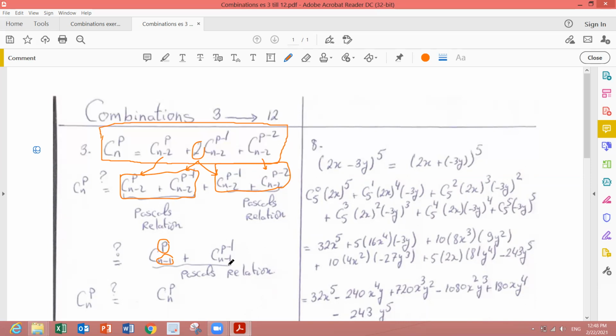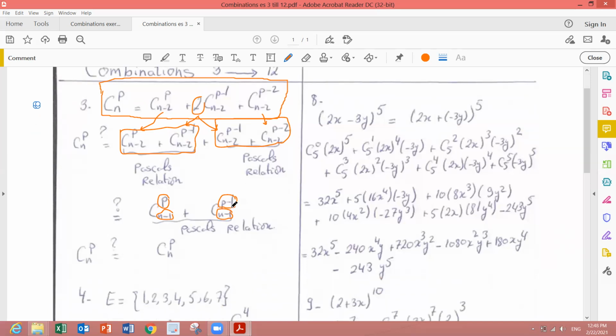It will become n minus 1. And I take the greatest between P minus 1 and P minus 2. Sure, P minus 1 is greater than P minus 2. I take P minus 1.